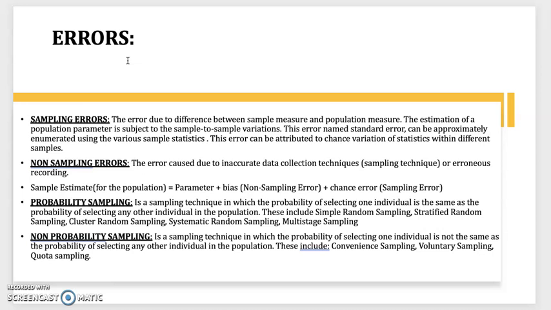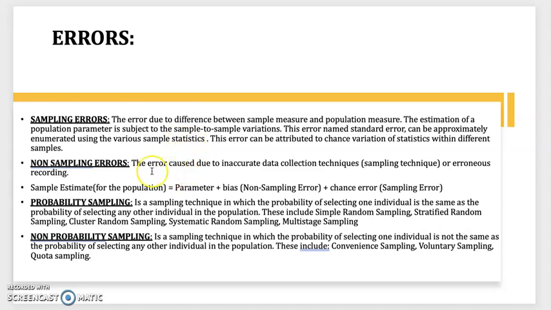This error, named standard error, can be approximated using the various sample statistics. This error can be attributed to the chance variation of statistics within different samples. So the sampling error is according to the sample-to-sample variation.